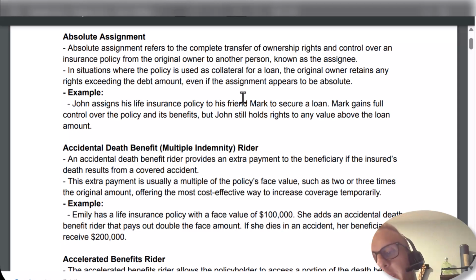So we'll look here. Example, Emily has a life insurance policy with a face value of $100,000. She adds an accidental death benefit rider that pays out double the face amount. If she dies in an accident, her beneficiaries receive $200,000.